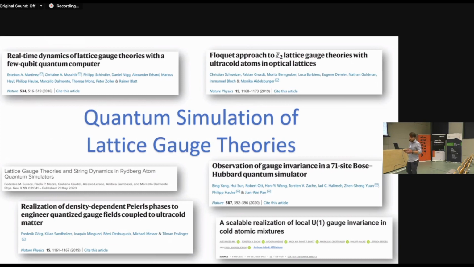You can do that, but you have a quantum simulator, and one of the main things in quantum simulation is the verification of the result of a quantum simulator. If you have a lattice gauge theory, you can always use this Gauss law to verify your device. You can look if the Gauss law is still obeyed, and then this gives you a way of detecting errors in the quantum simulation.